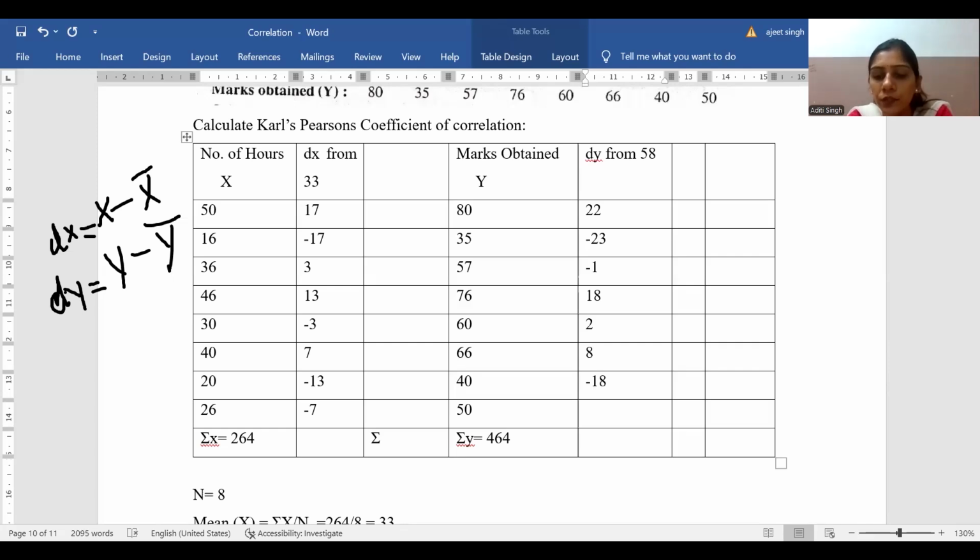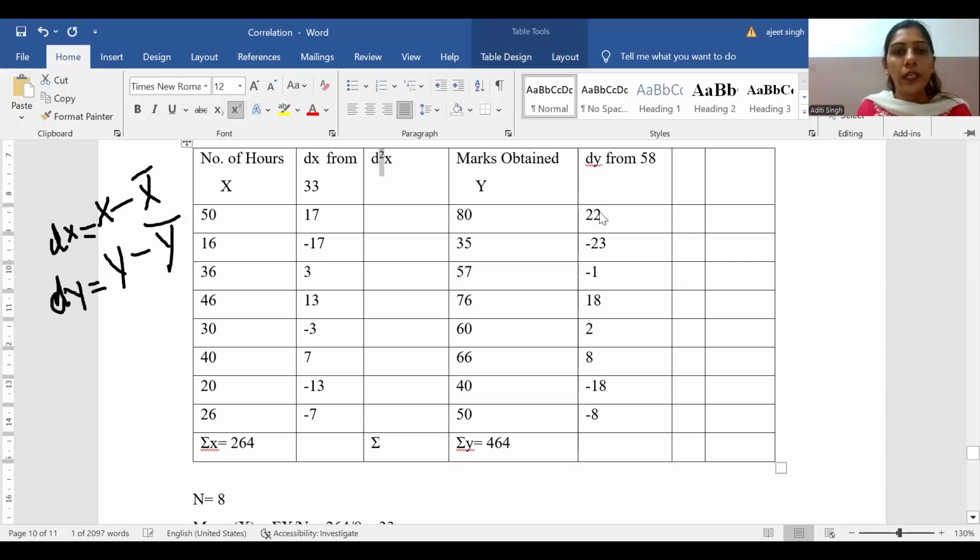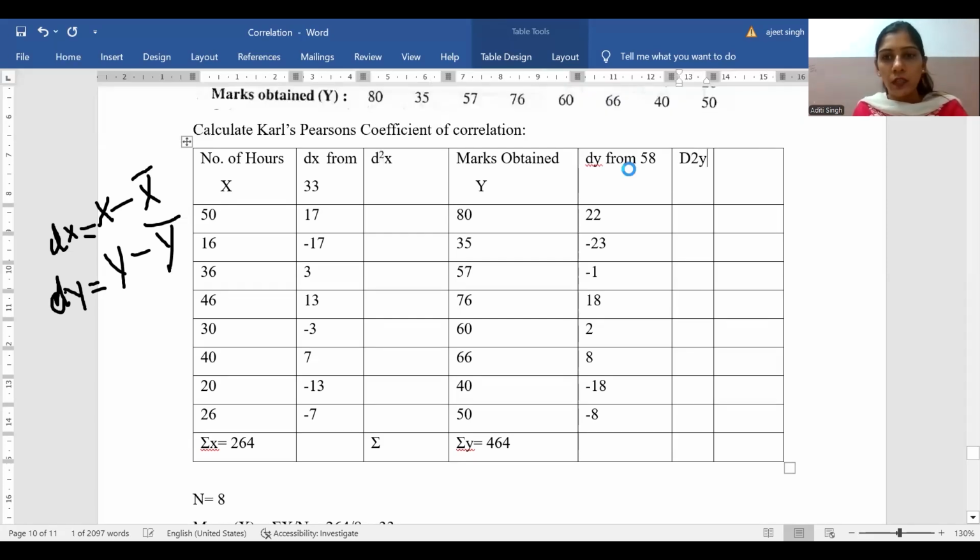And 50 minus 58 is minus 8. Now the next step is to calculate the value of d square x, and also d square y.